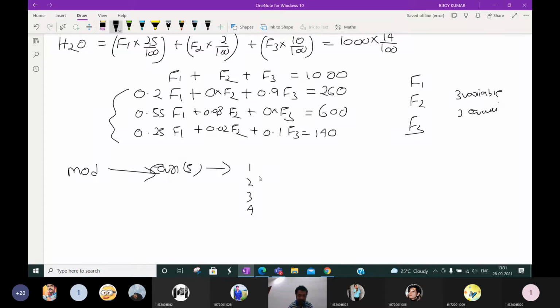We have 3 variables, so press 2. After pressing 2, we have this type of structure: a, b, c, d, 1, 2, 3. Please find this, and if you got it, I will tell you the next step.